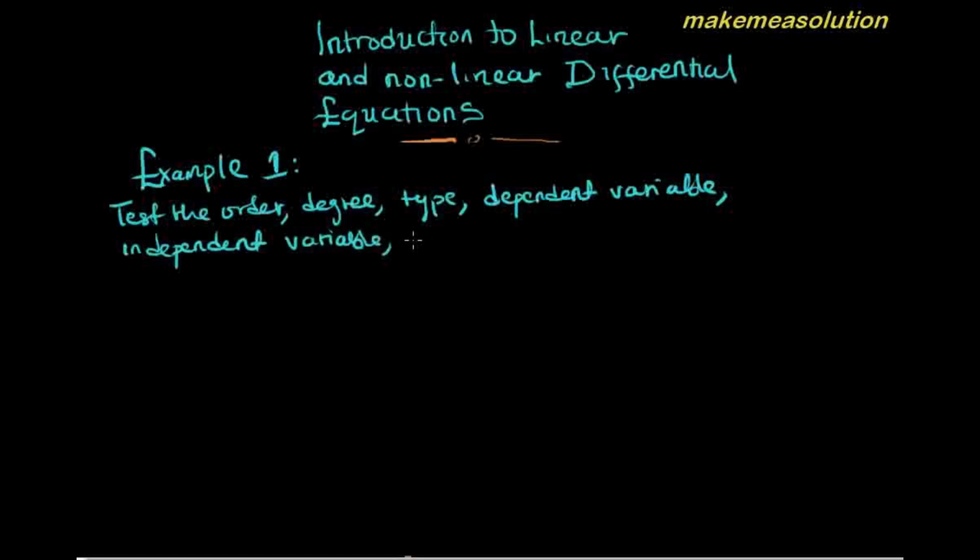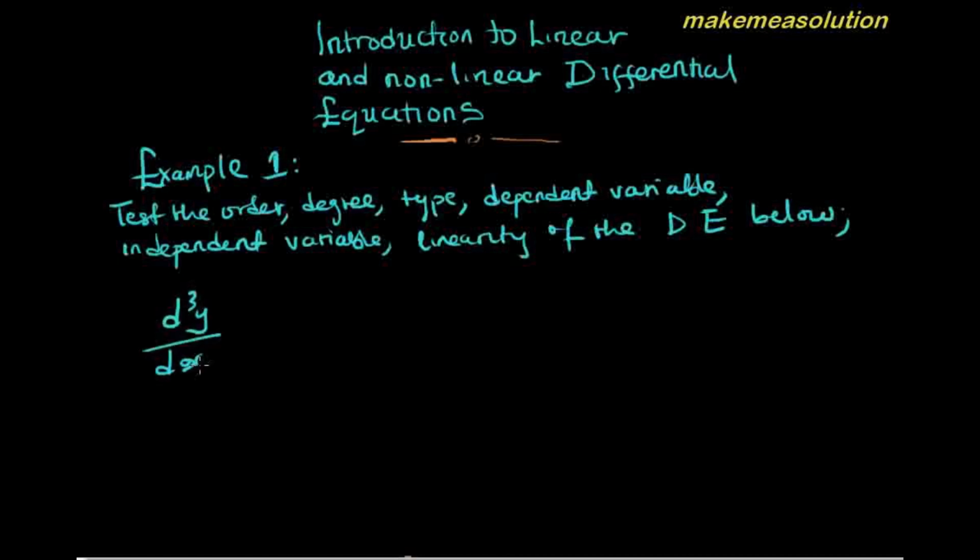I'm going to check the linearity of the differential equation below. So the differential equation is d cube y by dx cube is equal to 1 plus dy by dx all squared, raised to the power of 3 over 4.